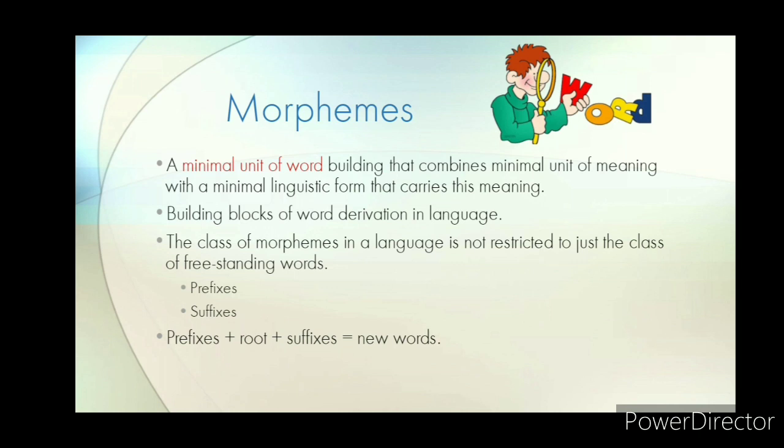In this slide as well, a word may be made from prefixes combined with a root, or a root combined with suffixes, or even prefixes combined with a root and suffixes, to create a new word.